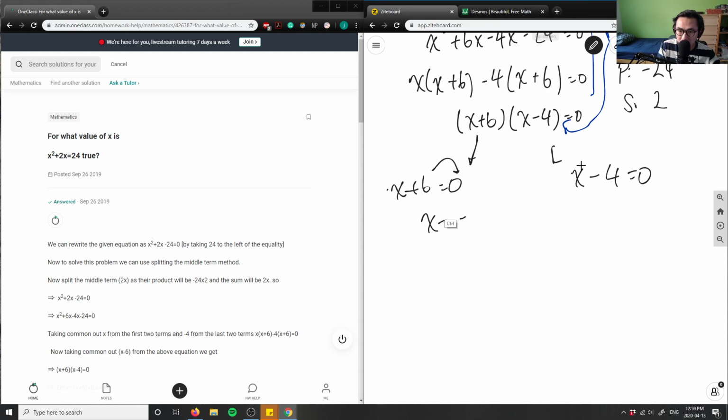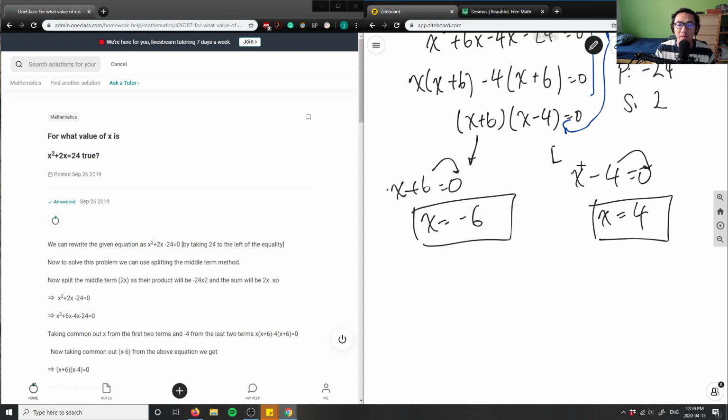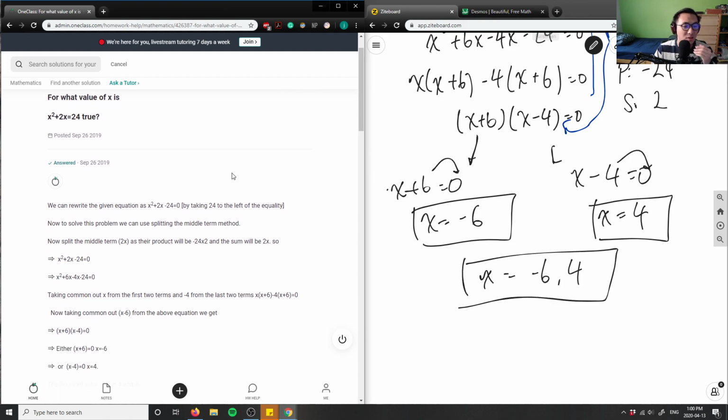That's my first answer. For x minus 4, if I put 4 to the other side, x equals positive 4. So these two are my solutions for x: negative 6 and 4. This is my answer for this problem. Let's look at the solution here.